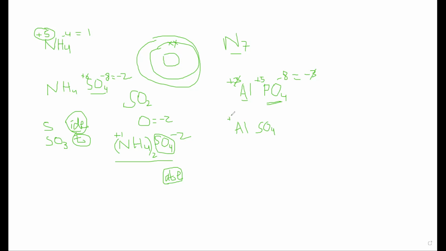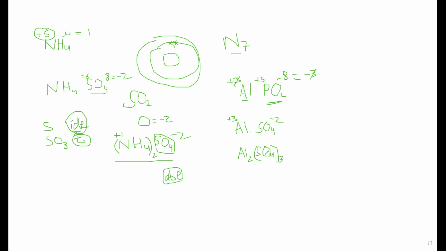And SO4 will have -2. So we will cross it. When we are putting a number over here, there will be no sign. So Al2, and the SO4 will be multiplied by 3, so it will be (SO4)3.